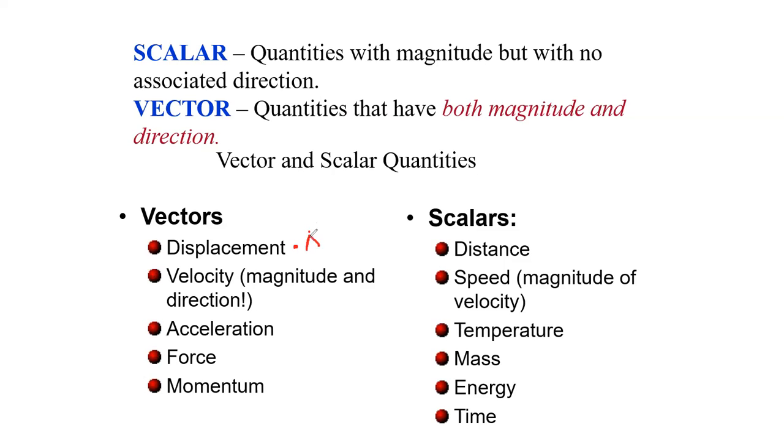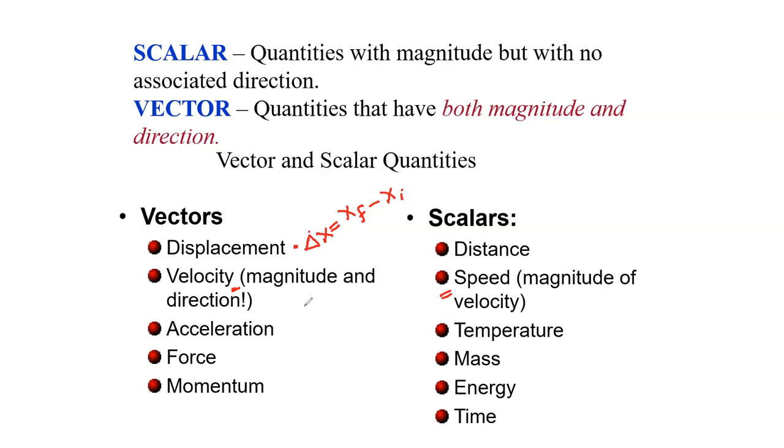In math format we learned that this is my delta x, final position minus initial position. And velocity: velocity has magnitude and direction. Even though in daily life we use velocity and speed for the same thing, they are different. Now you can think about what your speedometer shows. Does it show you velocity or speed?